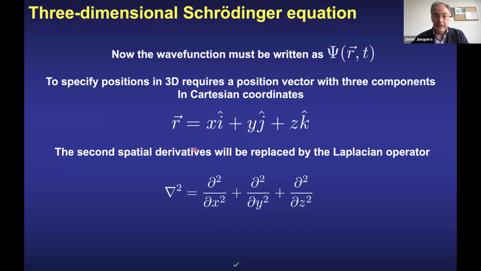That means that we will need to replace the second-order partial derivative with respect to x by a Laplacian operator, where the Laplacian in Cartesian coordinates takes this shape. It's just the sum of the second-order partial derivatives with respect to the 3 directions in space.